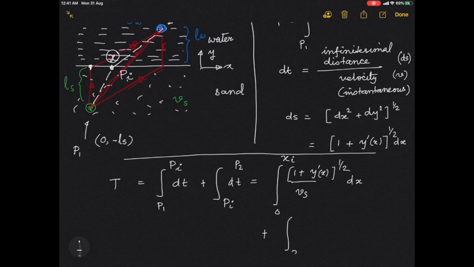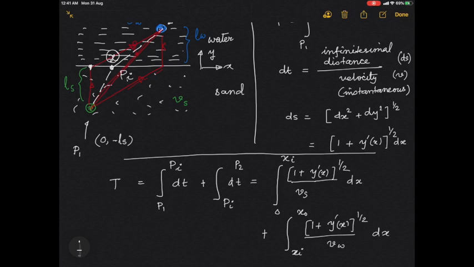And then I have to add the water part, which will now go from xi to x0, of the square root of 1 plus y prime of x squared, but now divided by v water.